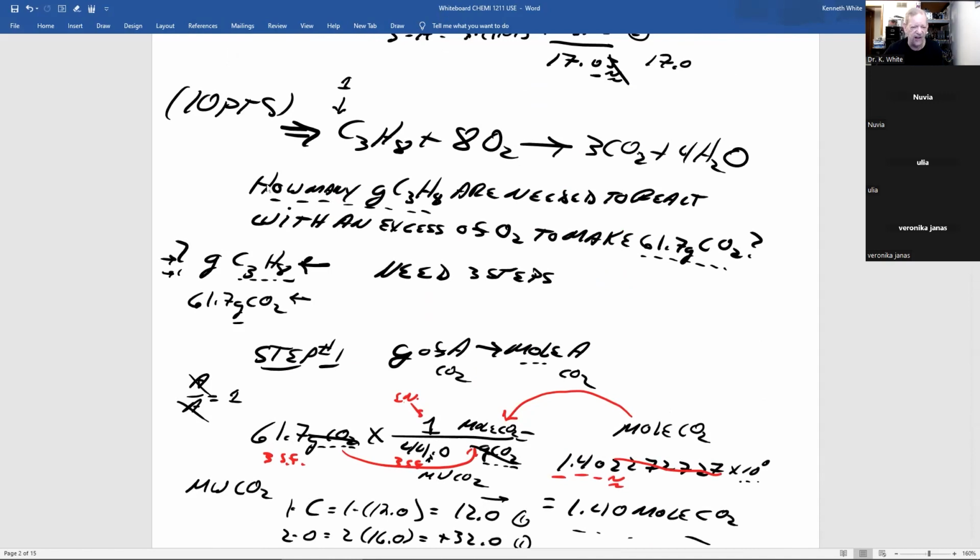What this really tells us is 1 mole of C3H8 reacts with 8 moles of oxygen to make 3 moles of CO2, carbon dioxide, and 4 moles of water.